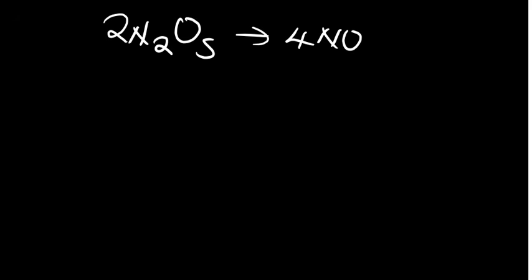So now let's say you have this reaction, giving us 4 nitrogen dioxide plus oxygen there. How do you express the reaction rate? Our reaction rate in this case can be determined by looking at either the reactant or the product.